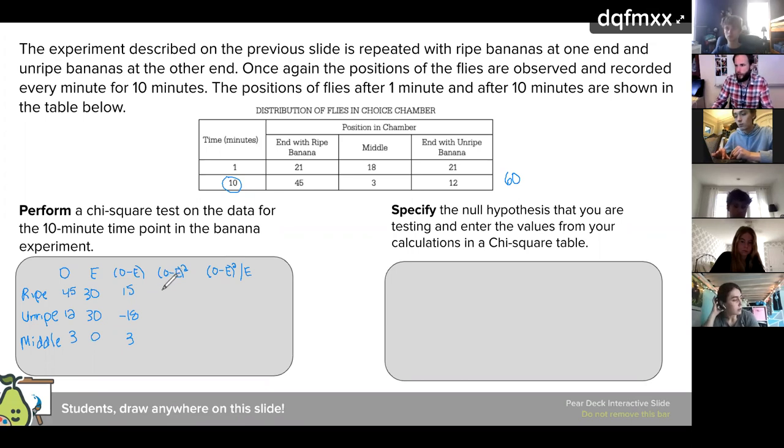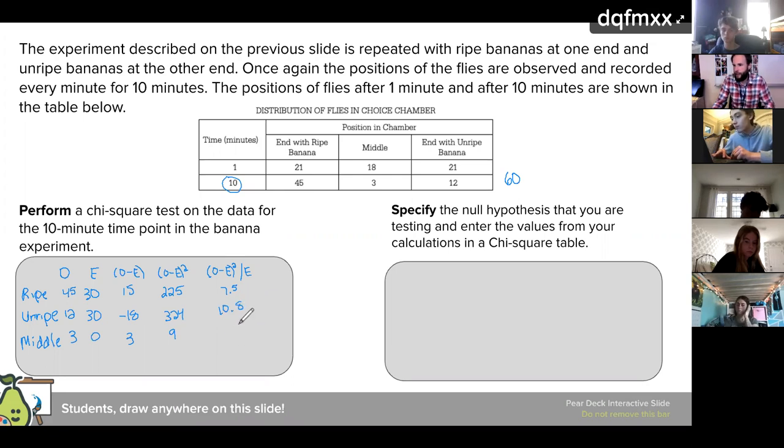Yeah, 225, look at that. 18 squared, that's 324. 3 squared is 9. And then it's just that value divided by the expected. So 225 divided by 30, that's 7.5. There's a decimal point there. 324 divided by 30 is 10.8.